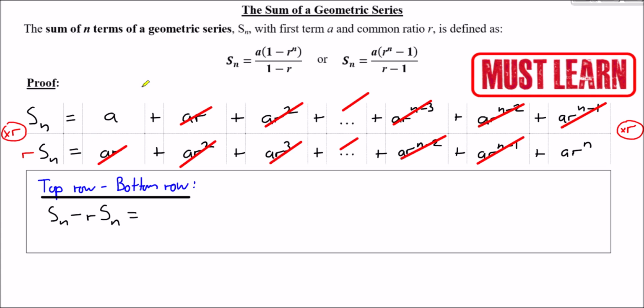So this a will remain, and this ar to the n will also remain because there's no ar to the n term above which will cancel it off. So we're going to be left with these two terms. We're going to have a on the top. Sorry, on the bottom, because of subtracting the bottom, it's going to be minus ar to the n.